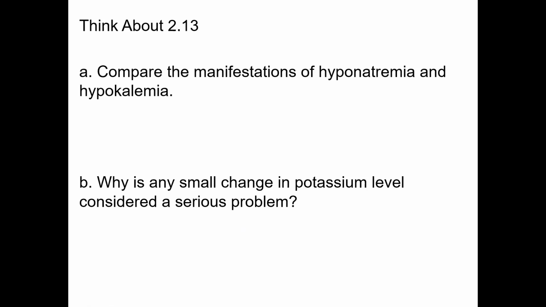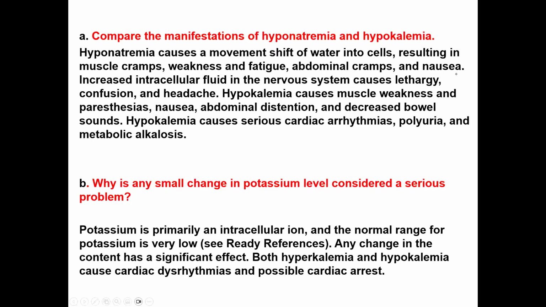So compare manifestations of hyponatremia and hypokalemia, and also why is any small change in potassium considered a serious problem? All right, so hyponatremia causes movement or shift of water into the cells, causing muscle cramps, weakness, fatigue, abdominal cramps, and nausea.